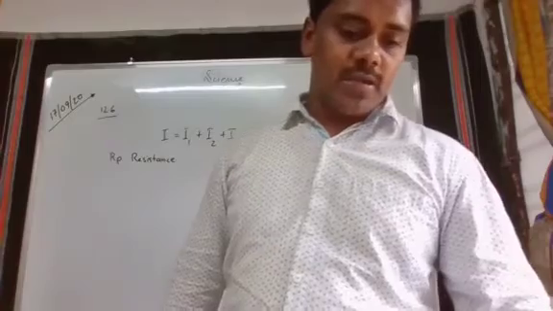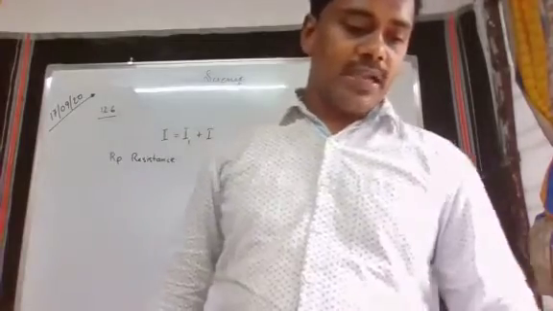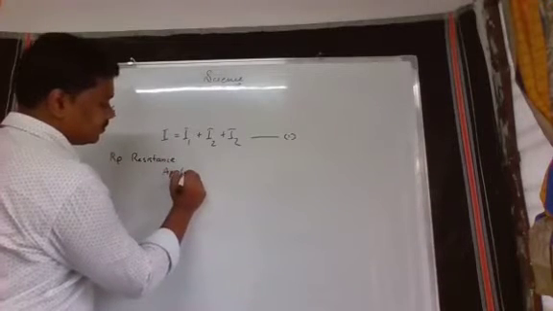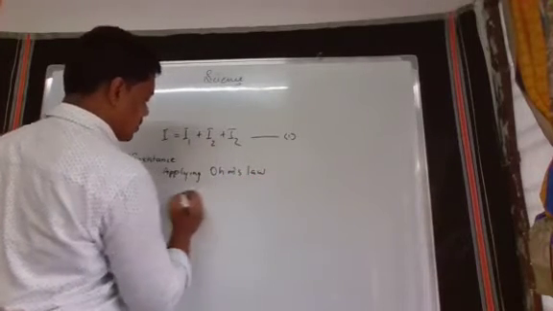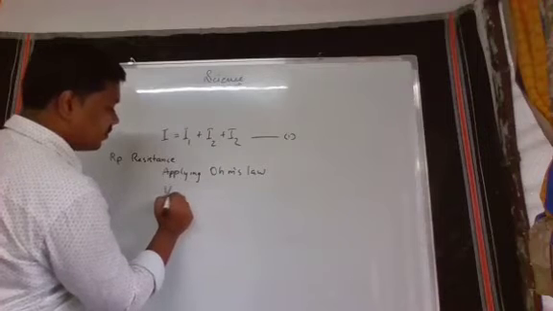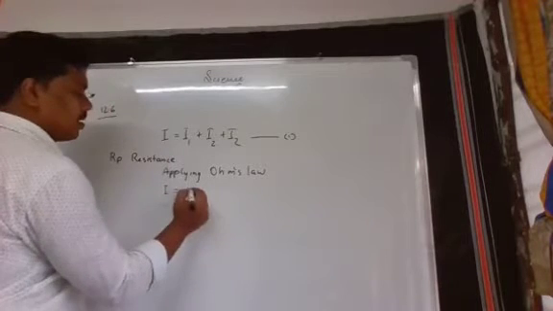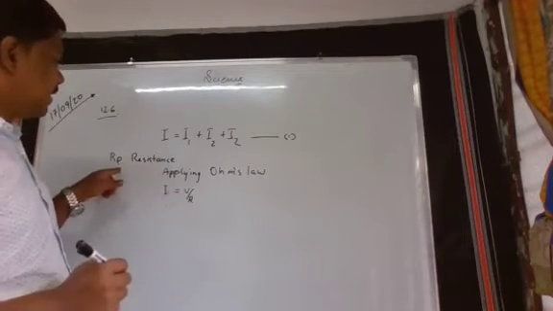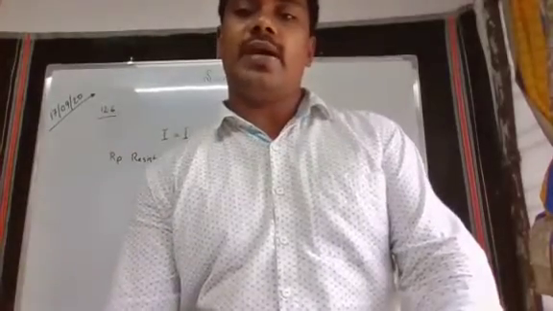By applying Ohm's law to the parallel combination of resistors, we have I is equal to V by R. Applying Ohm's law, in the case of parallel we have I is equal to V by RP.